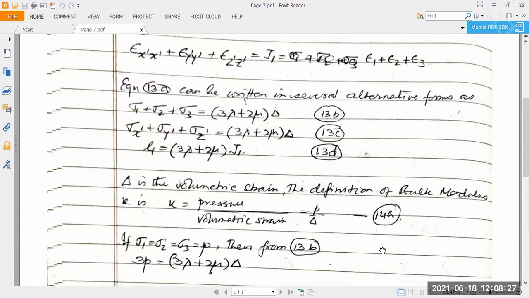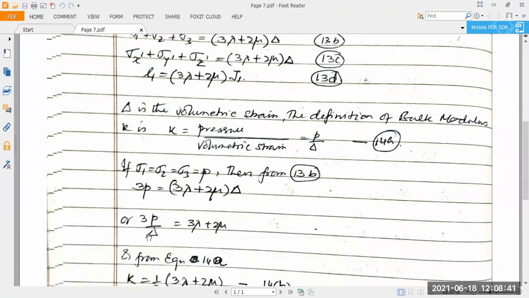Now, if all the principal stresses are the same, sigma 1, 2 and 3 equal to P, then equation 13b will become 3P equal to (3 lambda plus 2 mu) into delta, or 3P by delta is 3 lambda plus 2 mu.